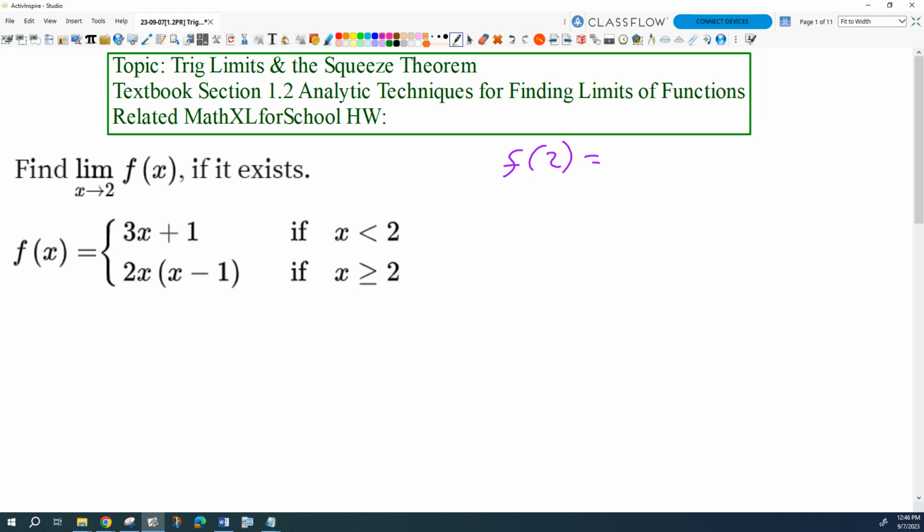Okay, it goes into the bottom piece because 2 is in the domain of the bottom piece, right? Okay, give me thumbs on that. Does that make sense? Okay, so f of 2 is 4, but that doesn't mean that's the limit in this case, right? Because this piecewise function is knitted together. The two pieces meet at x equals 2, and we don't know if they meet at the same place.